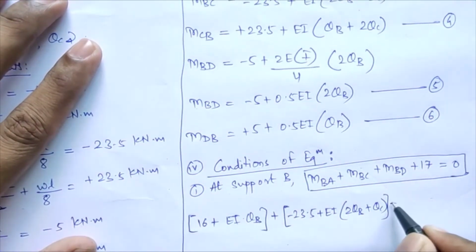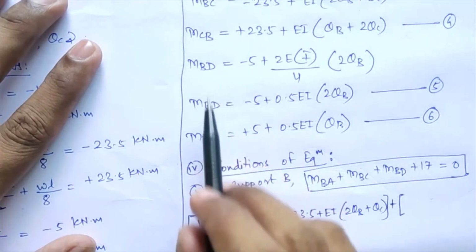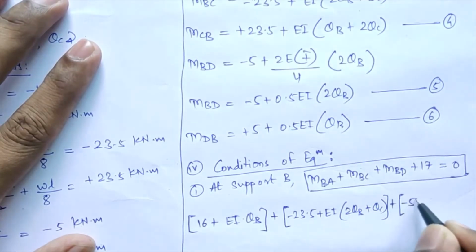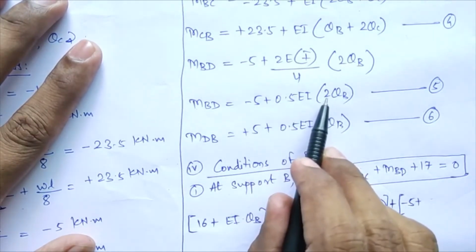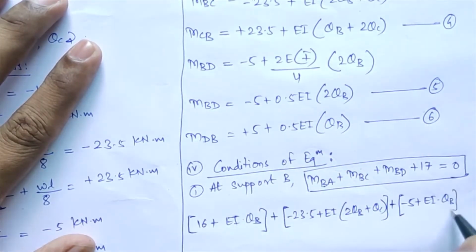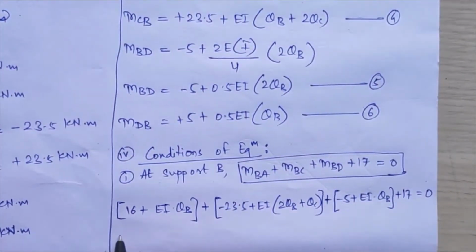Then next plus your BD equation, that is equation number 5. I'll write here minus 5 plus, here I'll simplify, 0.5 into 2 will become 1, so directly I get EI into theta B, plus this 17 is equal to 0. I'll simplify this.